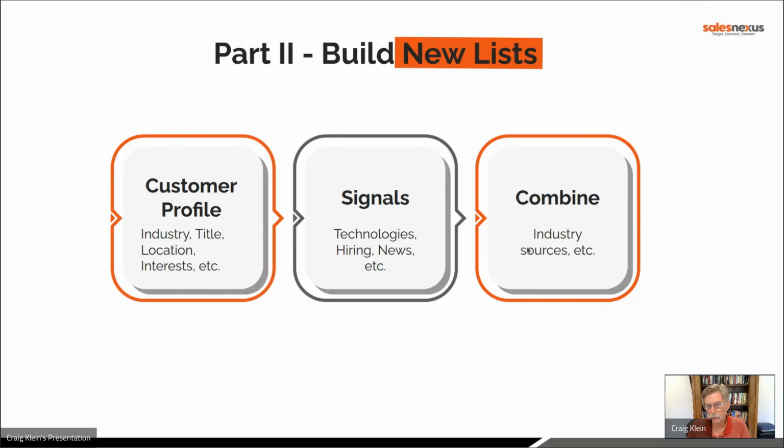And you may also want to build lists from a contact database like what I'm about to show you, and then merge it with industry sources that you already have access to in your industry, right?